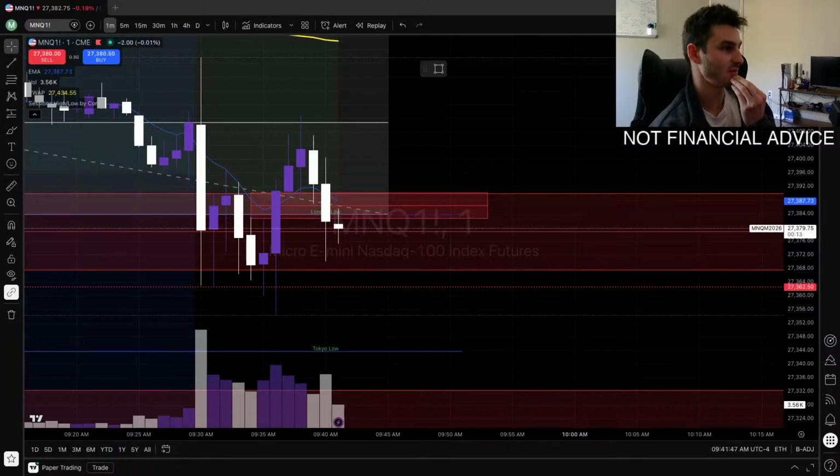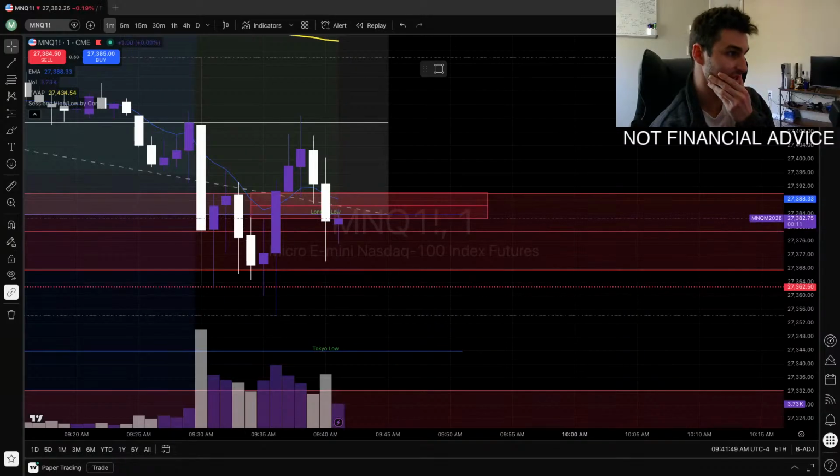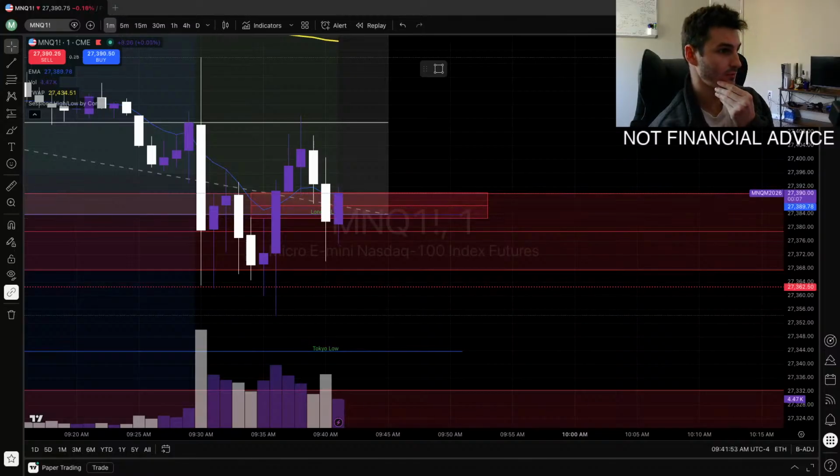Alright, let's see what we do here. We might now inverse. Okay, if we can close above this, I'm still down for longs, which we just did.